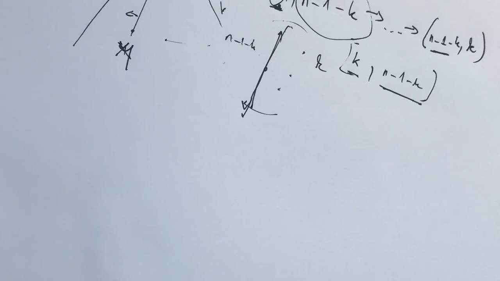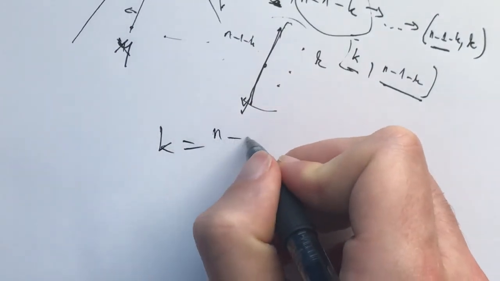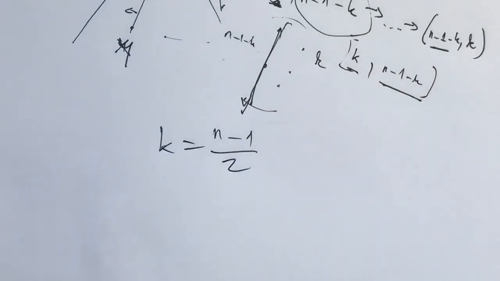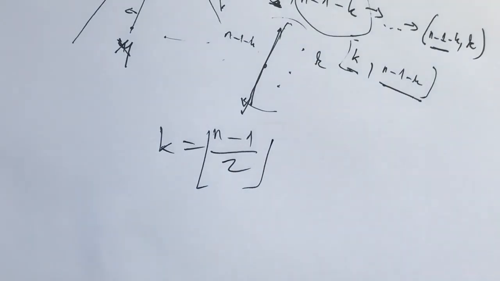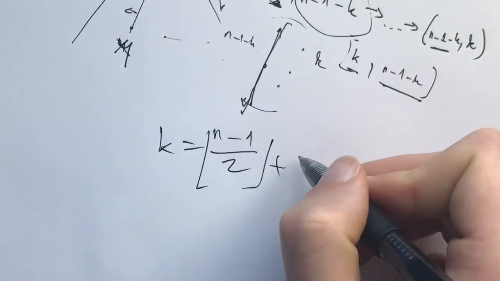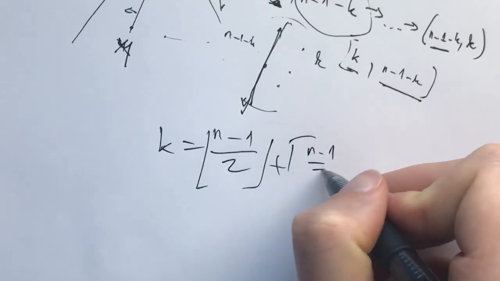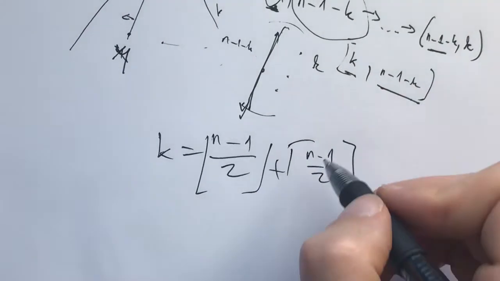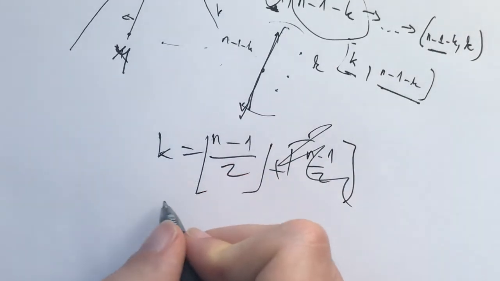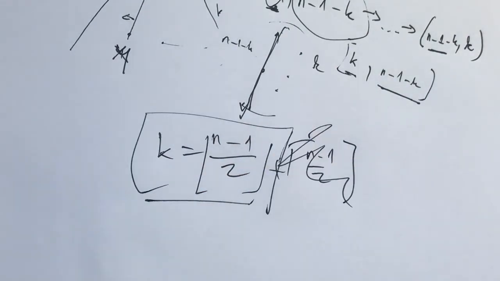And now with that in mind, it makes sense to look at k equals n minus 1 over 2. And if n is even, then let's just take the floor of this, or the ceiling. It doesn't matter because the floor will have floor on the one side and ceiling on the other side. And now all we need to prove really is that we can get this many points for each point.